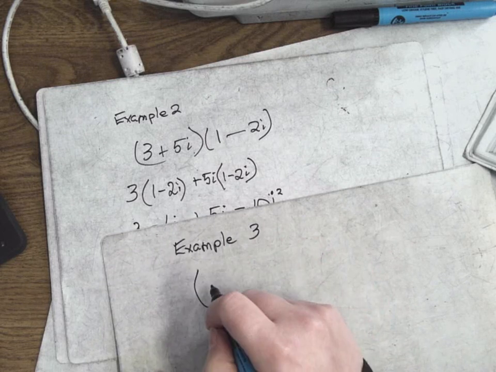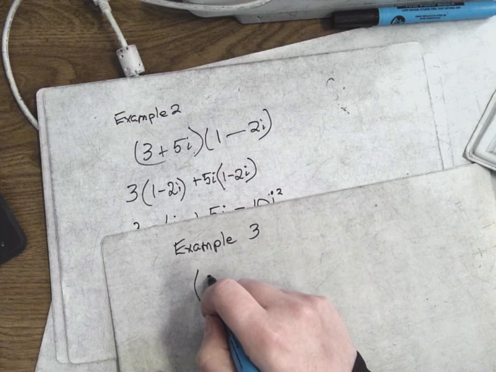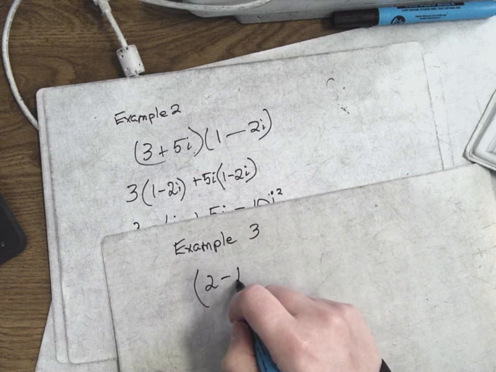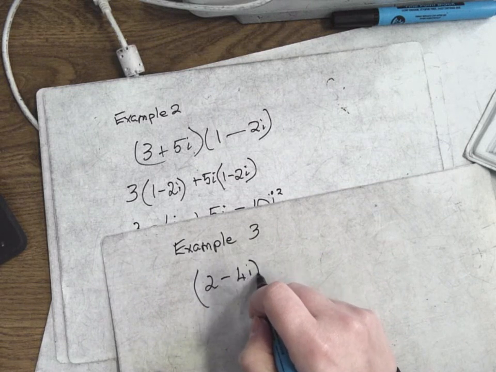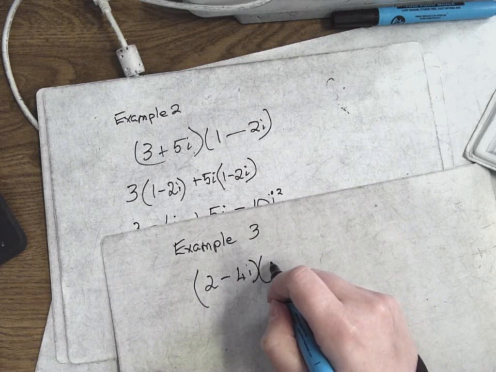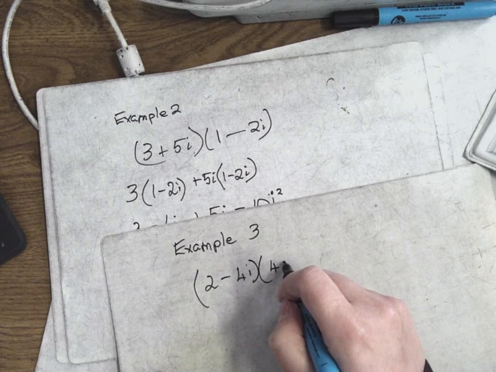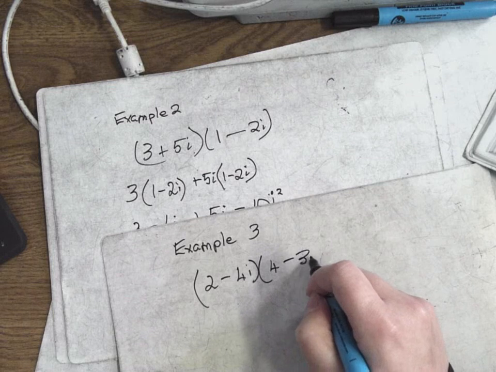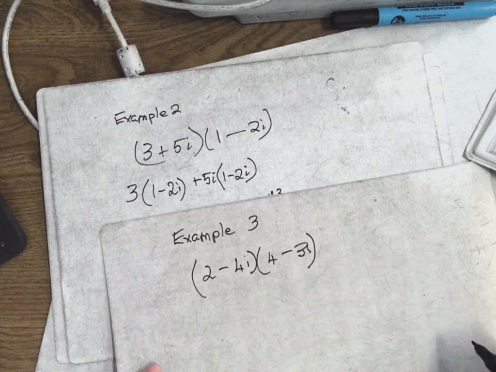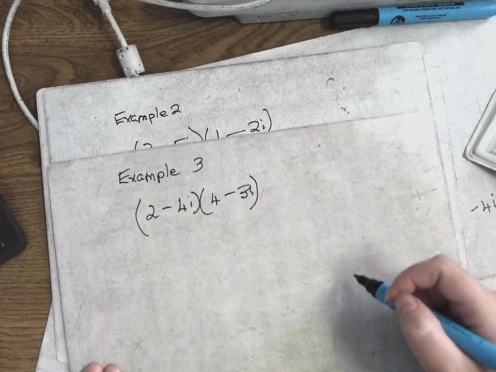I'm going to go with 2 minus 4i multiplied by 4 plus minus 3i. Is that alright? So that's what I'm asking you to do.